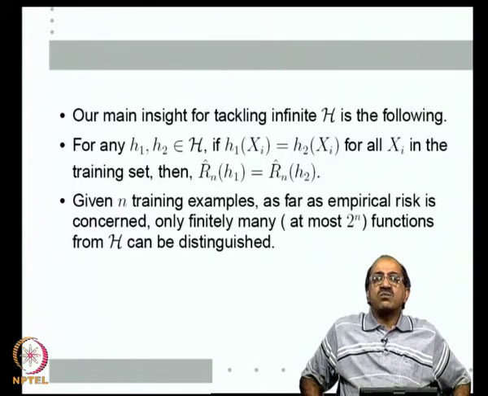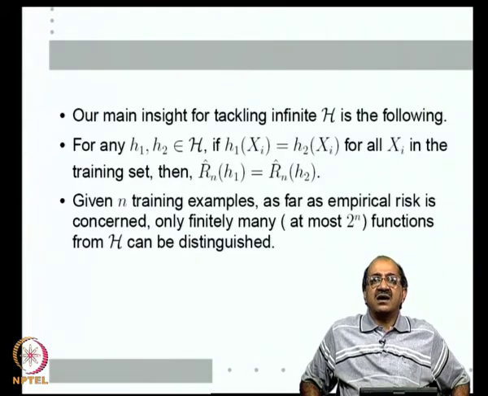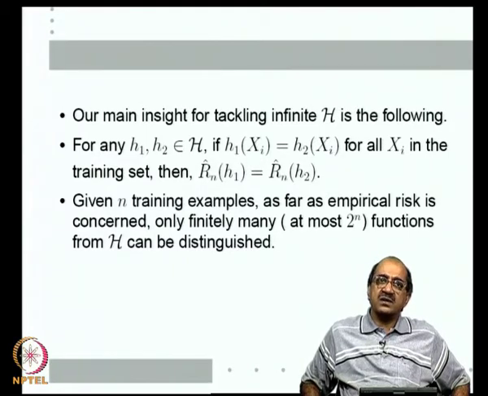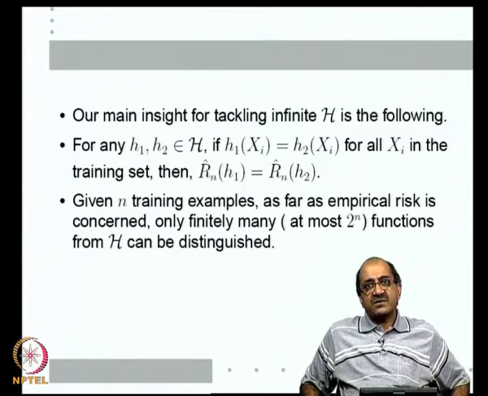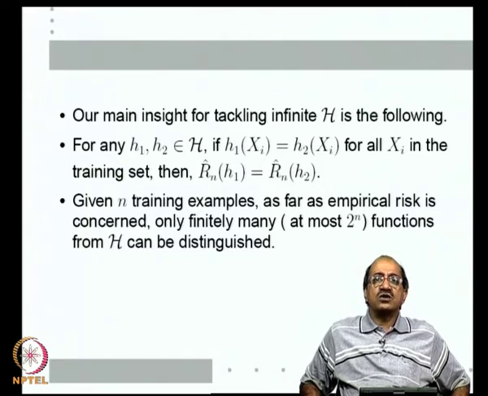So, there can at most be 2 power n different functions that can be distinguished, because given n samples there are only 2 power n different possible binary tuples that the n examples can take. Means given n training examples, as far as empirical risk is concerned, we can distinguish at most 2 power n functions from H, right.